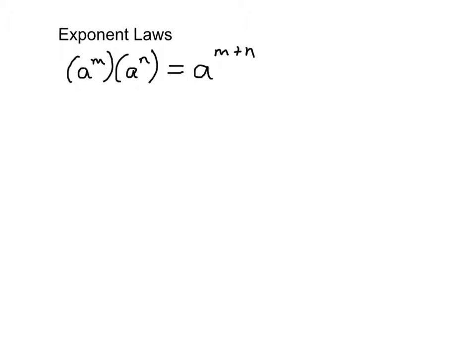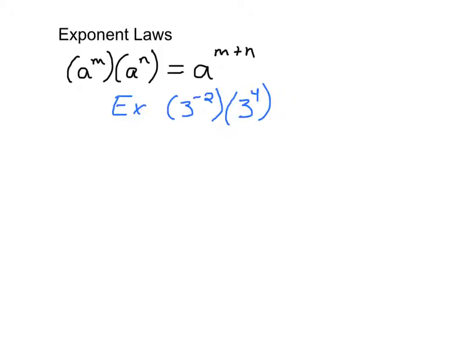So, for example, if you have 3 to the power of -2 times 3 to the power of 4, and you want to simplify those, you have to first check to see if they are two powers that have the same base, which they are. The bases in this case are 3, and they have to be multiplied together.